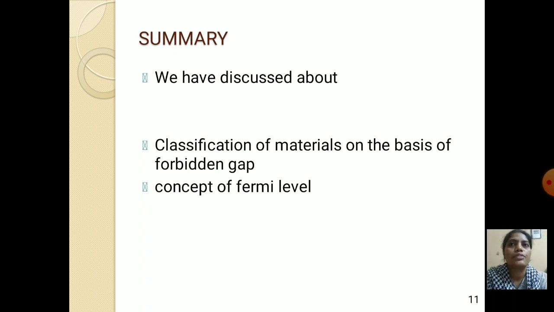For insulators, the forbidden gap is very high. For semiconductors, it is very small. And for conductors, there is no gap between the valence band and conduction band. We have also seen the concept of Fermi level.